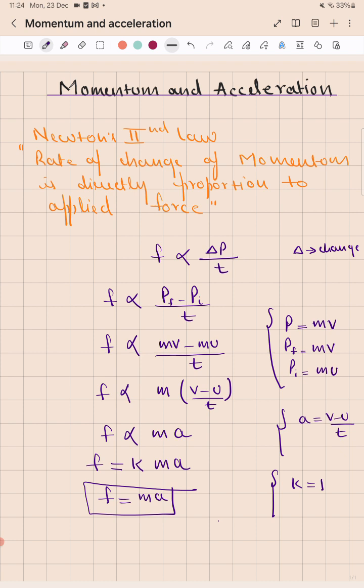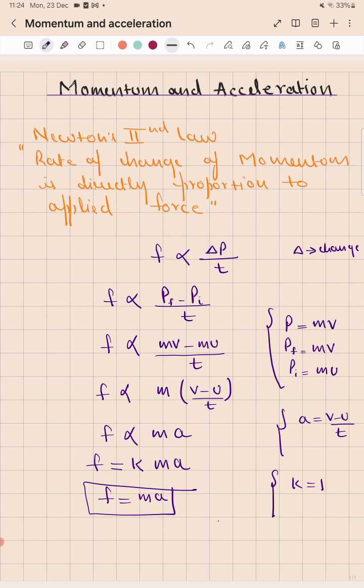But once your body comes in motion, your velocity changes, which means acceleration changes, and if velocity is changing, the momentum is changing. Where does this change of acceleration and momentum come from? Because you apply force on your body. So this is how force leads to acceleration, or to a change in momentum. This is the relation of force with acceleration and with momentum.